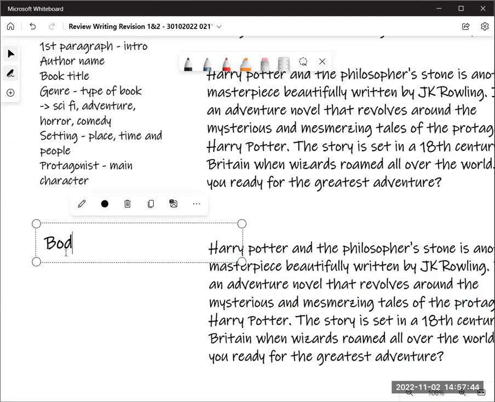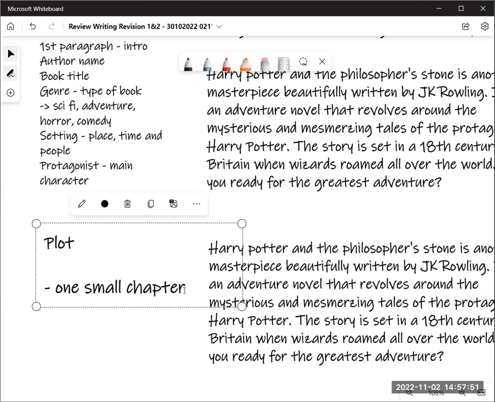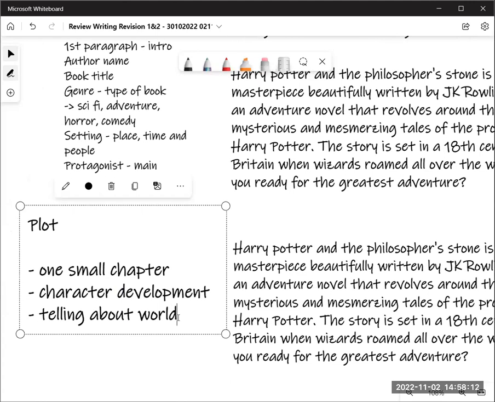The plot should have one small chapter, many characters, or let's say character development, telling about the world, and especially the main villains and everything.